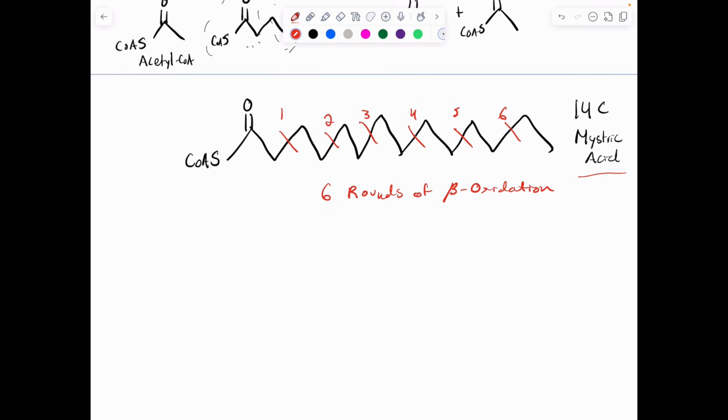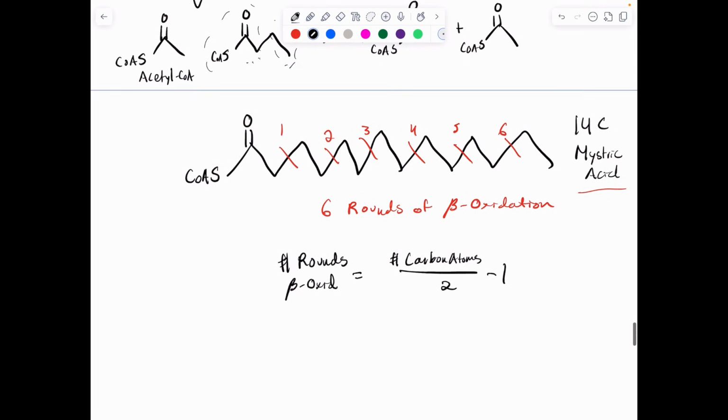This can also be summarized in a convenient formula that I like, and that is, if I remember it correctly, the number of rounds of beta oxidation equals the number of carbon atoms over 2 minus 1.